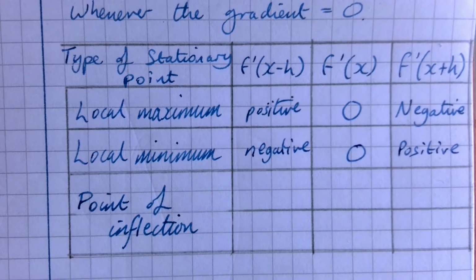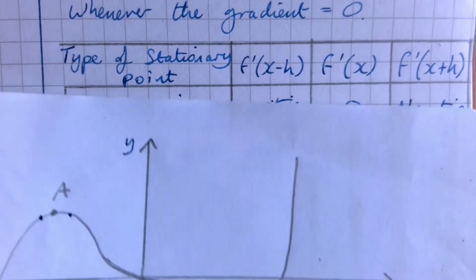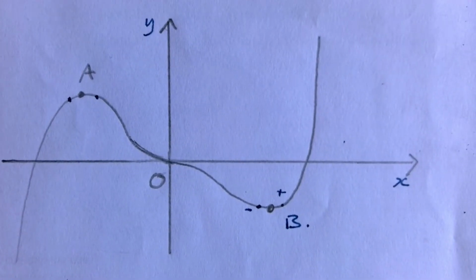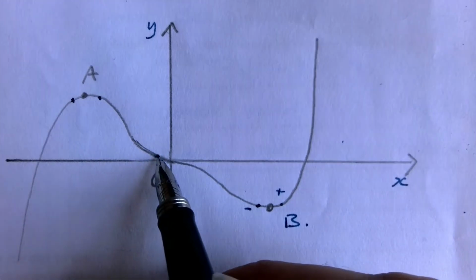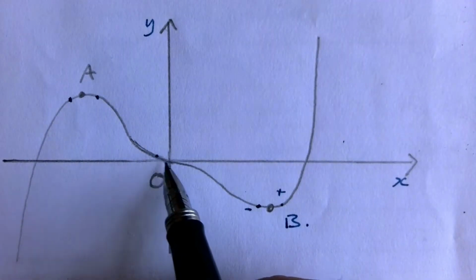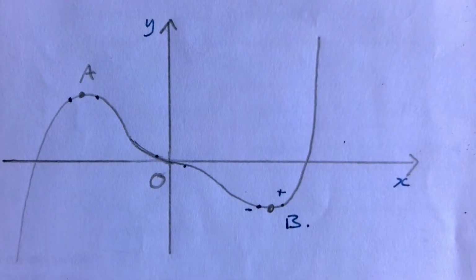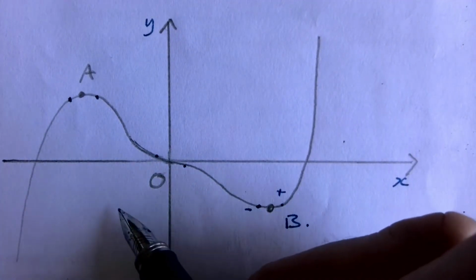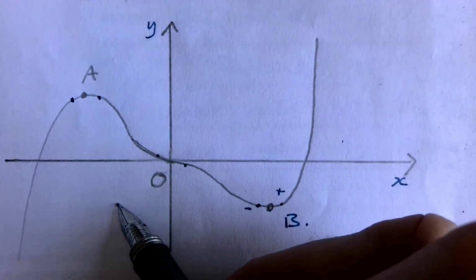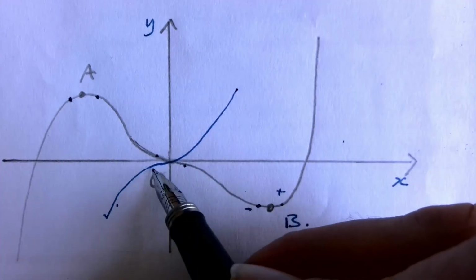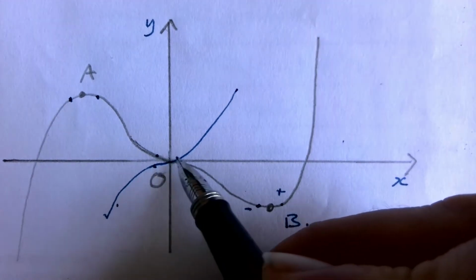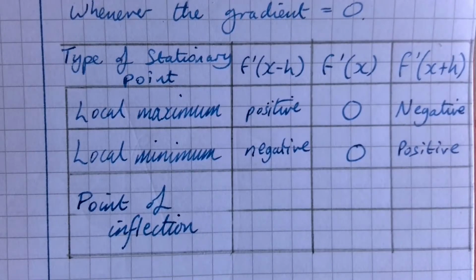And then the other thing we need to know about is a point of inflection. So a point of inflection, this one here, just before we get there it's negative, and just afterwards it's negative. And the other way that a point of inflection could happen is if we had a different curve coming up and doing that. Before it was positive and afterwards it's positive.